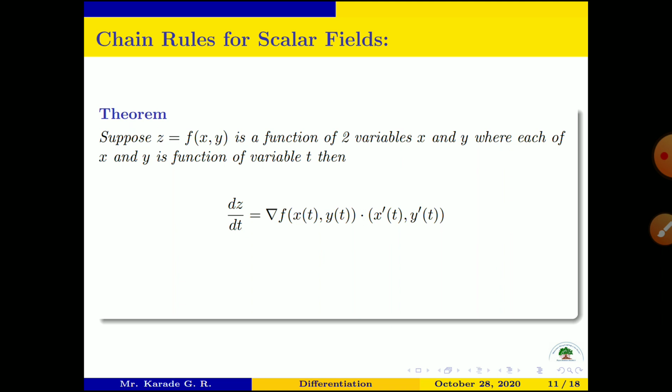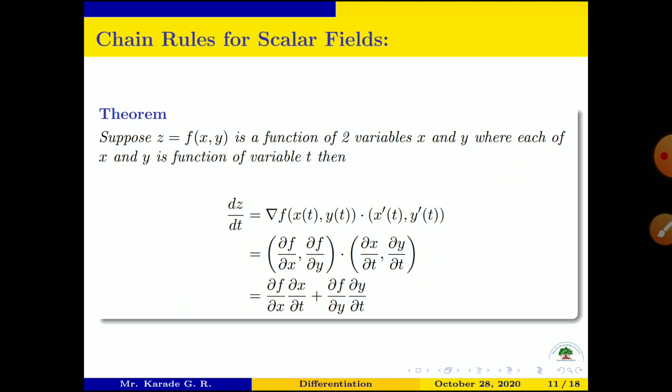Okay, and it is equal to, so gradient is nothing but a vector with two components, dou f by dou x comma dou f by dou y, and dot product with x dash t, which is nothing but the partial derivative of x with respect to t comma the partial derivative of y with respect to t.